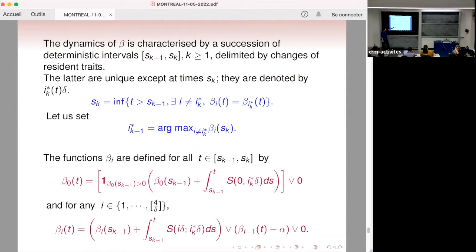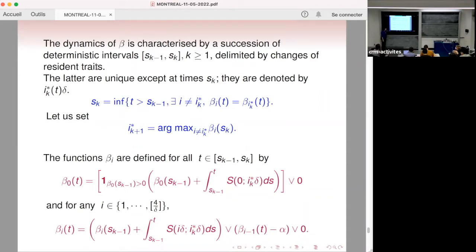Okay, and so they are defined relatively simply, because we have seen in the example that we just have to integrate the value of the fitness factor. So here for 0, 0 is special because with this model 0 does not receive mutants, because the mutants are always driven in the positive direction. So you have a specific equation for 0, which only depends on the fitness of the trait 0 in different dominant populations.